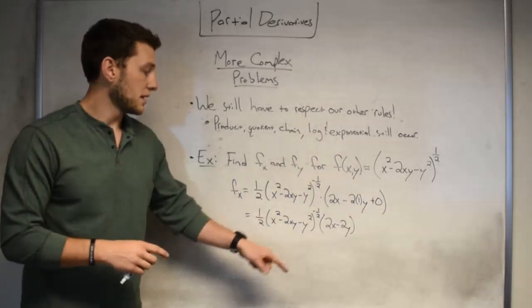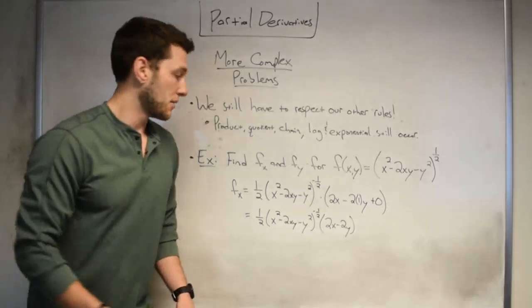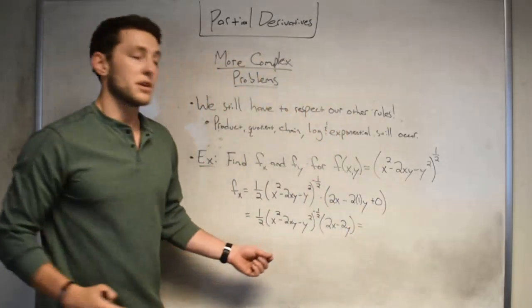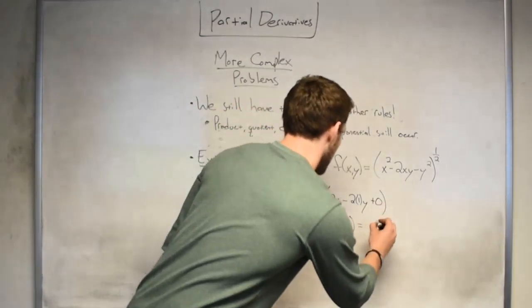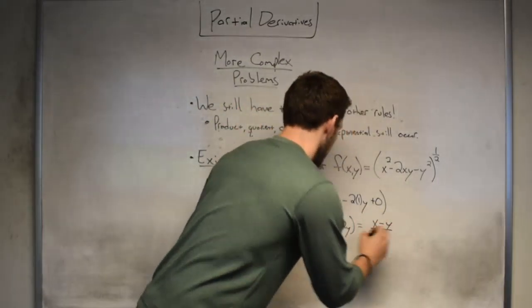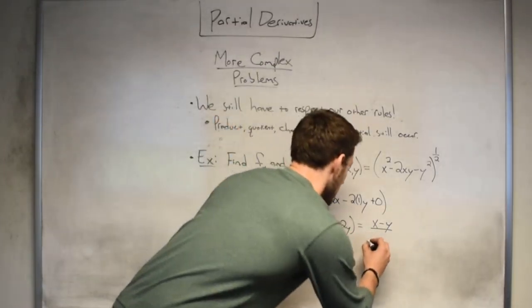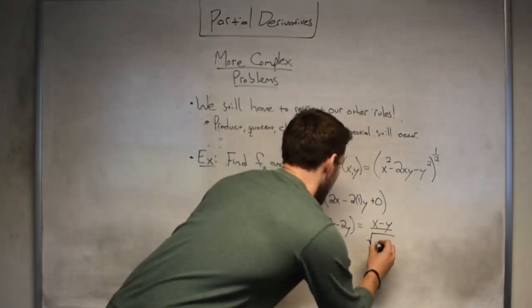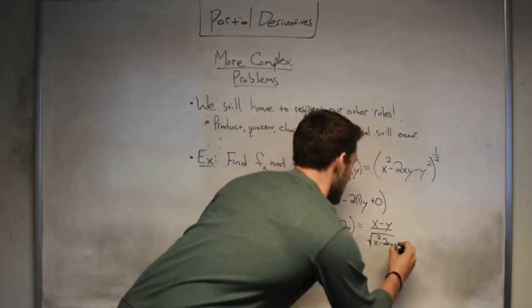Ultimately, I could distribute in that 1/2 over here, since I can't do it right here because it has a power. Also bringing this to the bottom, I get x minus y, the 1/2 will cancel out with the 2's, divided by the square root of x squared minus 2xy minus y squared.